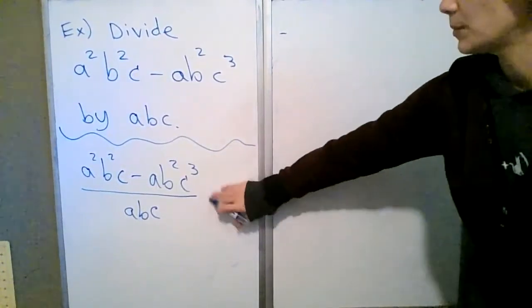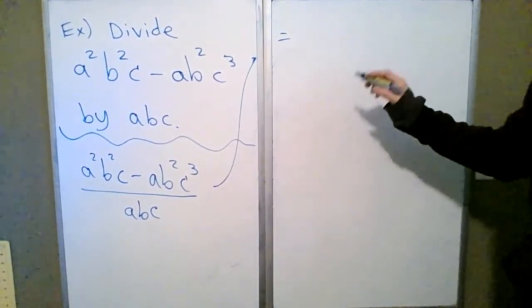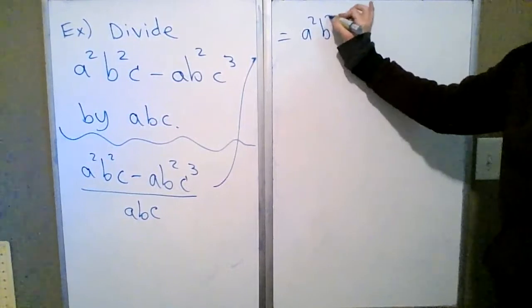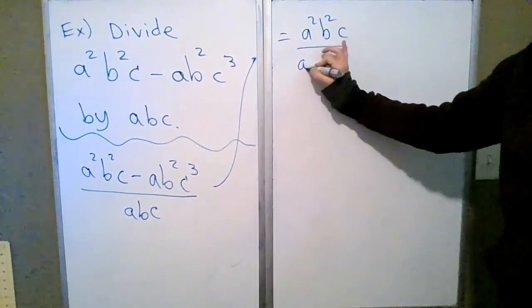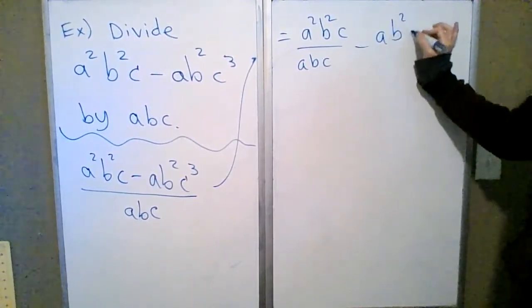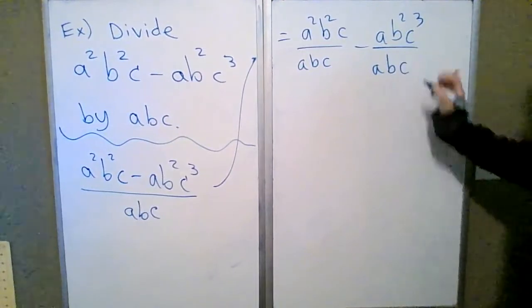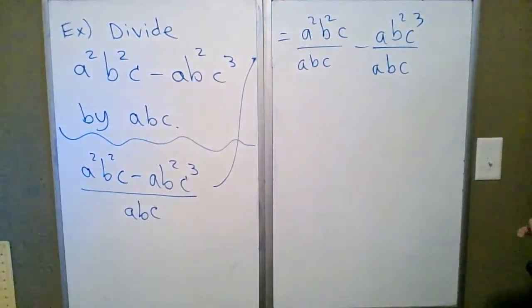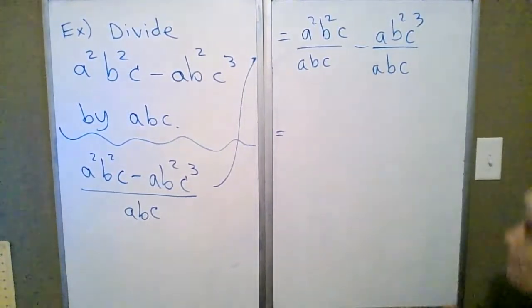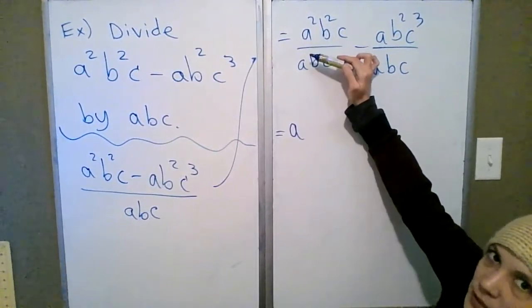We have a squared b squared c divided by abc, minus ab squared c cubed over abc. This a has a power of 2 minus 1.